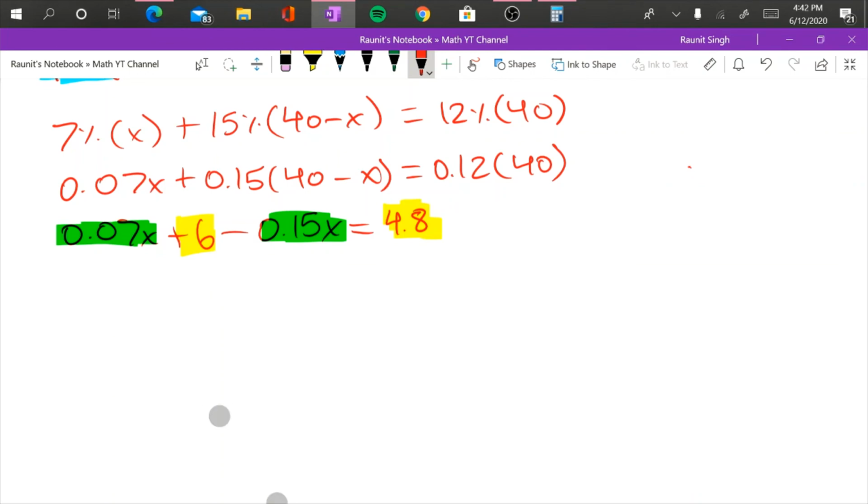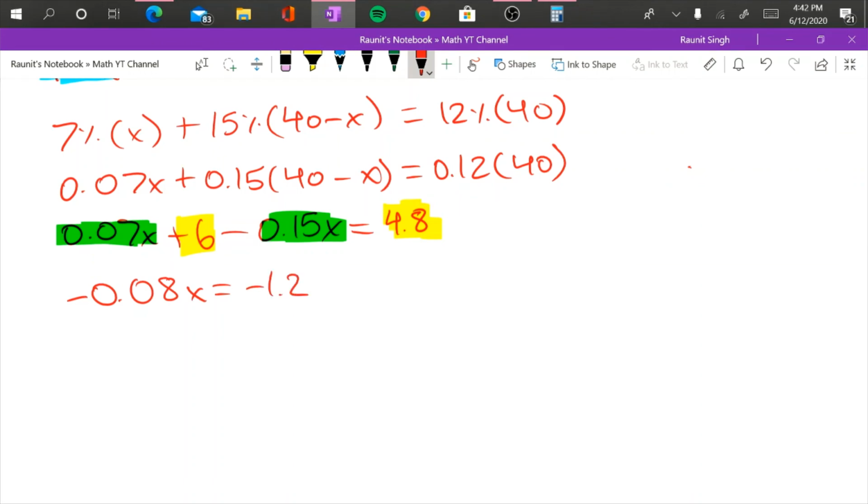So 0.07x minus 0.15x is equal to negative 0.08x, which is equal to, once again we're going to subtract 6 from both sides so that we can get the numbers to the right side of the equation, negative 1.2.